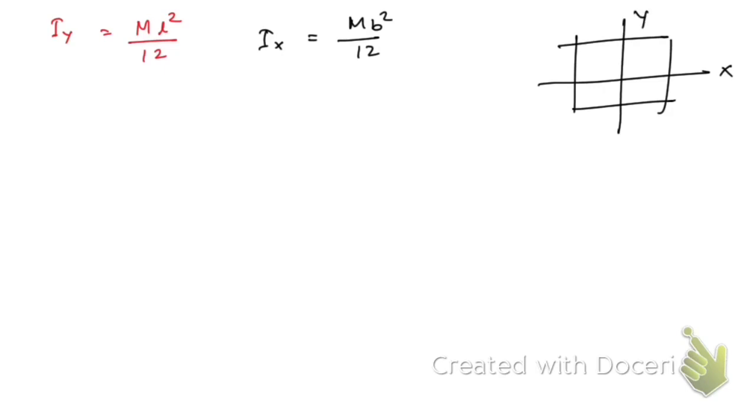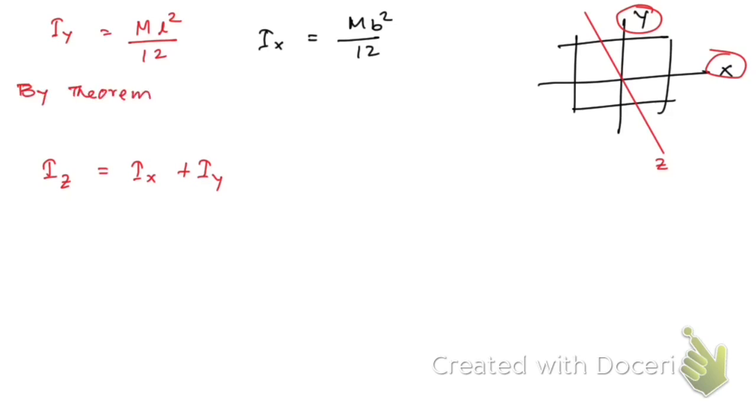If you know the moment of inertia about the y-axis and x-axis, then in order to find the moment of inertia about the axis passing through this center, let it be the z-axis, Iz will be given by Ix plus Iy, by the theorem of perpendicular axis.